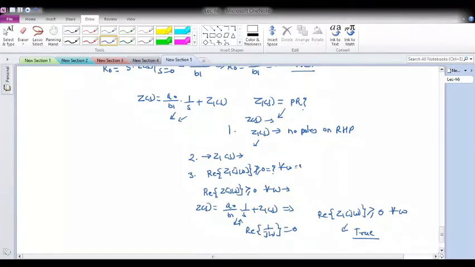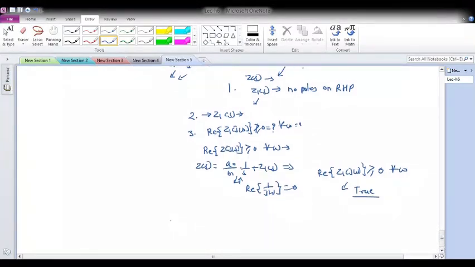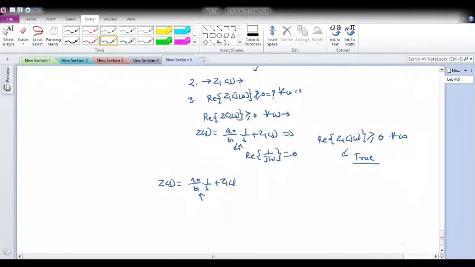So, the z of s, whatever we have written in broken form, that is a0 upon b1 into 1 over s plus z1 of s. This element can be synthesized, if it is the impedance, as a capacitor, 1 by cs.